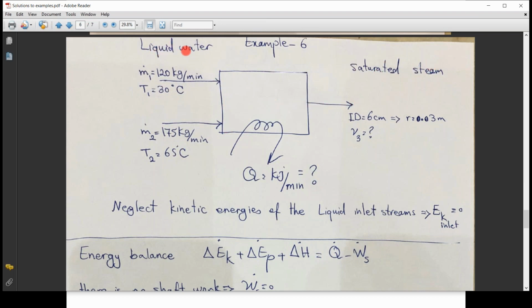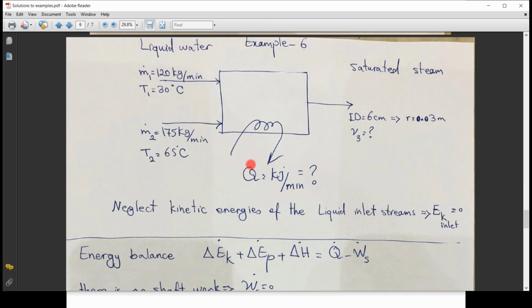The inlet is liquid water, outside is saturated steam. You are given the ID of the outlet, so you can calculate the velocity of the outlet. So velocity you have to calculate. I changed the ID to the radius and changed it to meter for your easiness.